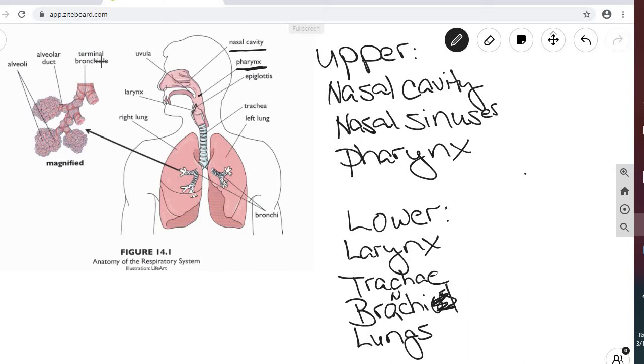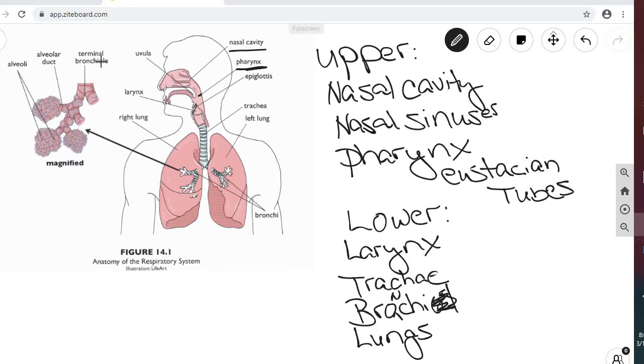The other thing that's in this area around the pharynx are the eustachian tubes. And the eustachian tubes have openings in them that allow air to move between the middle ear and the pharynx, and that helps to make sure that the pressure stays equal between the atmosphere and the inner ear.